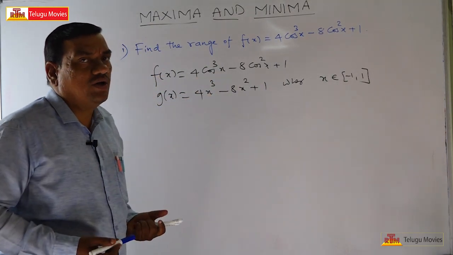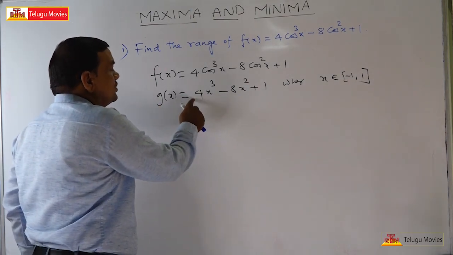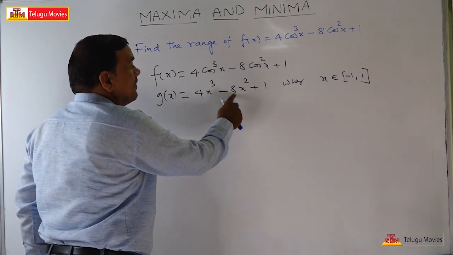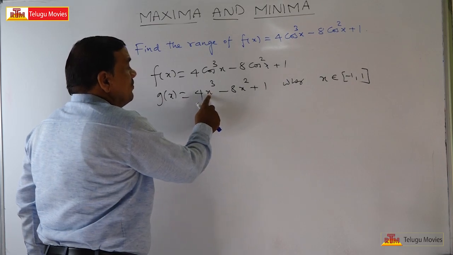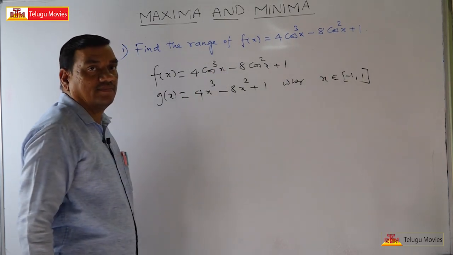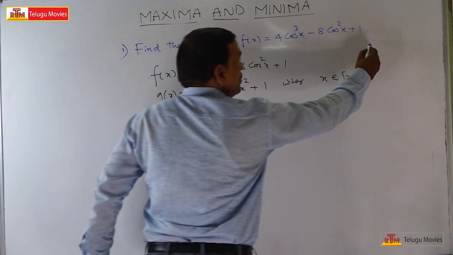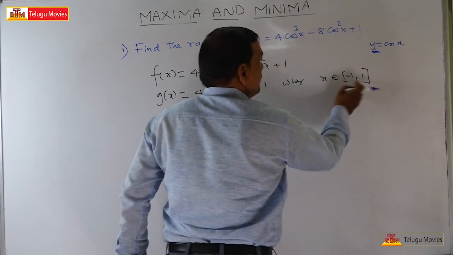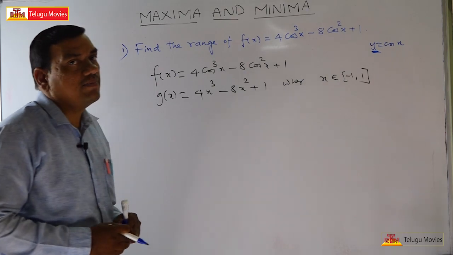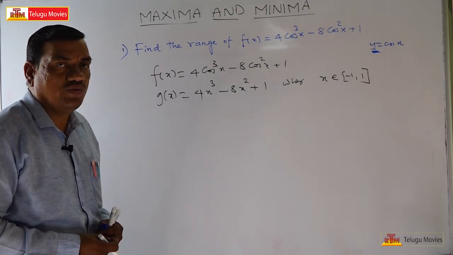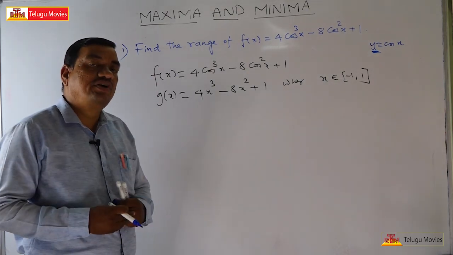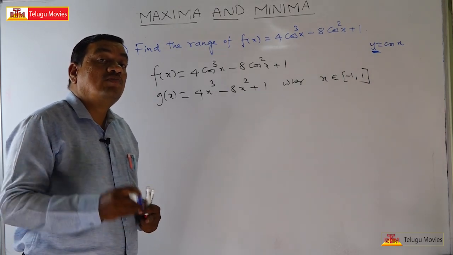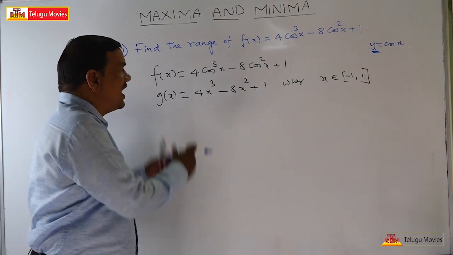Otherwise, you can take y is equal to cos x, and g of y is equal to 4y cube minus 8y square plus 1. Therefore, what is the range of y? y belongs to the closed interval minus 1 comma 1. But generally, we are habituated to do problems in the variable x, that's why I have taken it like that.